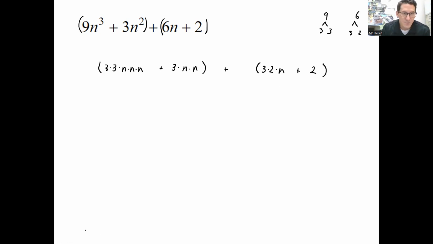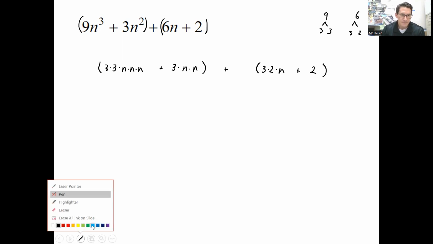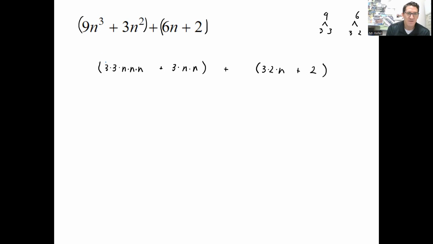Now I'm going to take out what they have in common. So I have a 3 and a 3. So 3 in common, and then I can take out 2 n's from each, have 2 n's in common. So that's going to be times n squared. This one over here, they have a 2 in common.